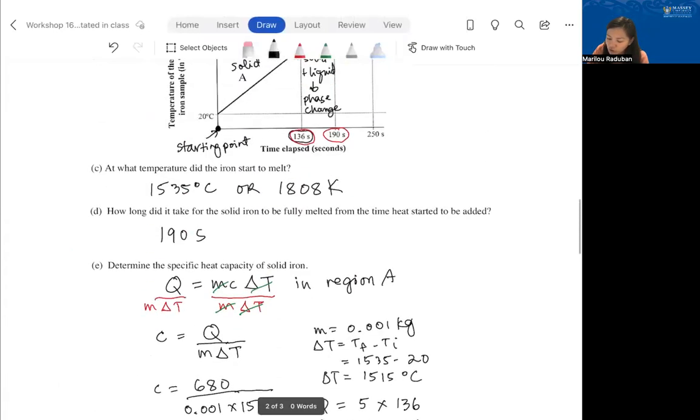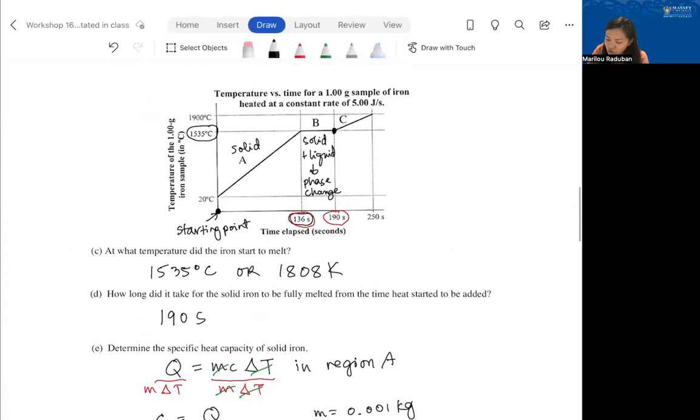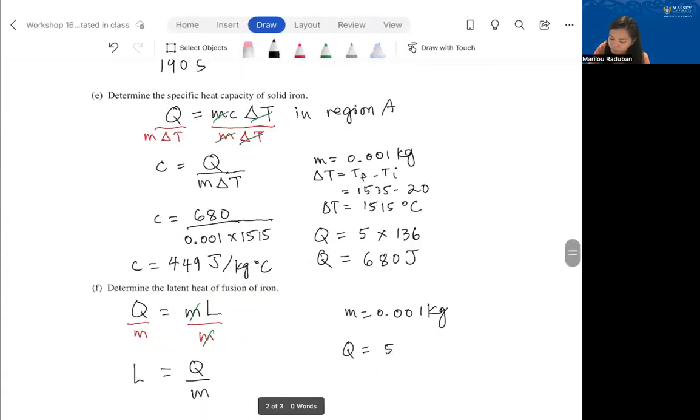So we need to figure out how long you've been adding the heat in order to find the total heat that was added during the phase change. So that's only between the time interval 136 and 190 seconds, right?